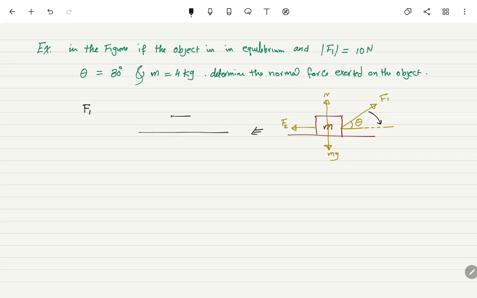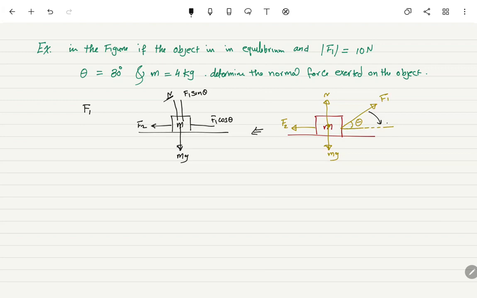This here is m, and this is the weight, mg, and this is F2, and F1 here has an x component which equals F1 cosine theta, and a y component F1 sine theta, and we also have a normal force in this direction. Now what we need here is to calculate this normal force.